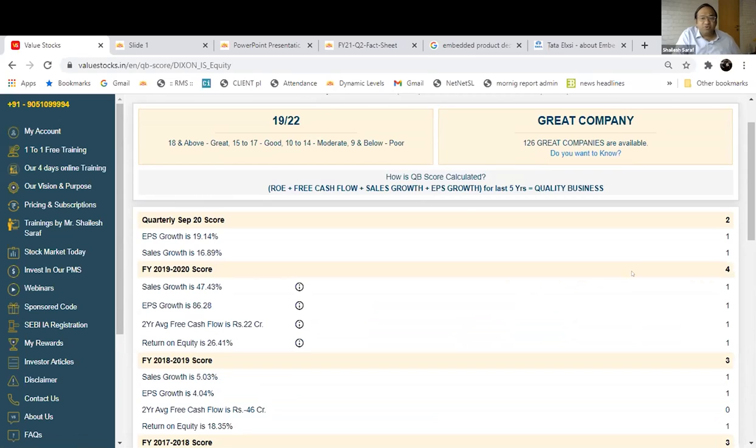QBS is calculated from sales growth, EPS growth, free cash flow, and ROE from the last 5 years. Hassan ji, can you see? Yes, sir. Now understood, yes.